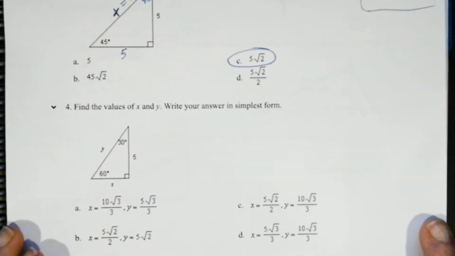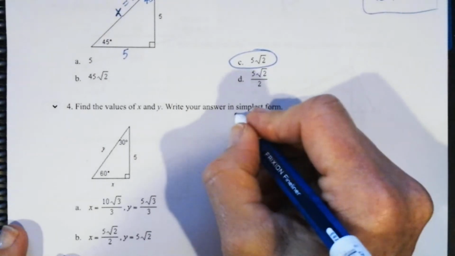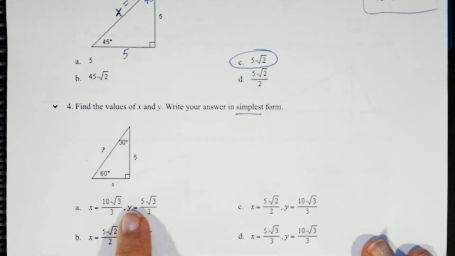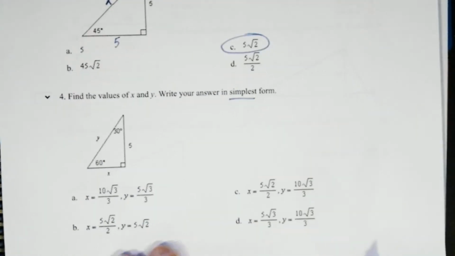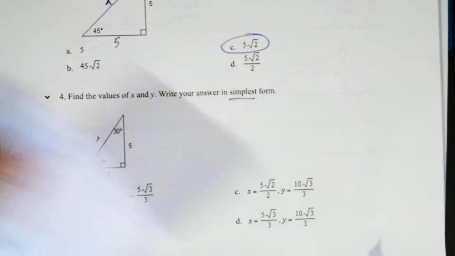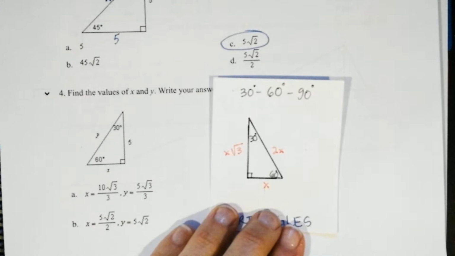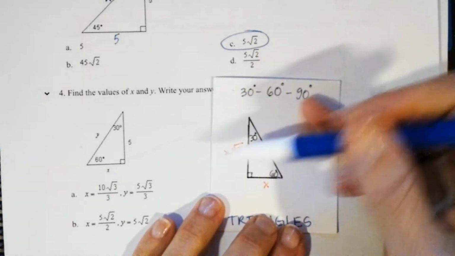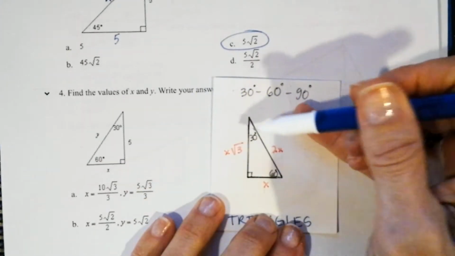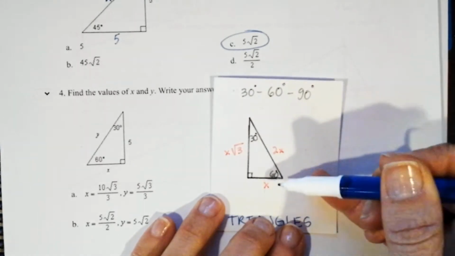Okay. Number 4 says find the values of x and y. Write your answer in simplest form. So again, we're going to have 2 values for this one. But you'll notice it's a 30, 60, 90, which I have a card for. All right. So just as a review, the x here is across from the 30. So that's your shortest side.